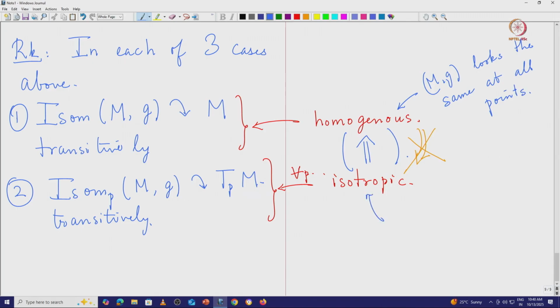On the other hand, isotropic means that M_g also looks the same in all directions, because the action on the tangent space is transitive. So these model spaces are special in the sense that they are extremely symmetric. They look the same no matter from where you look at and no matter in what direction you look at, right.